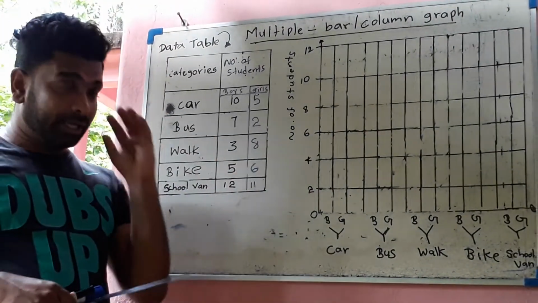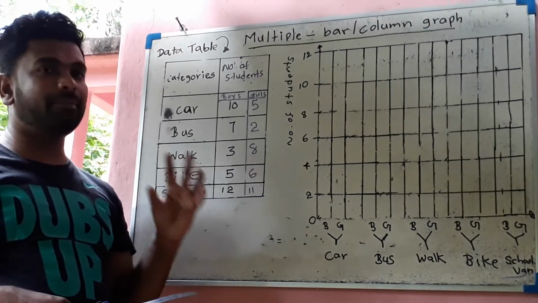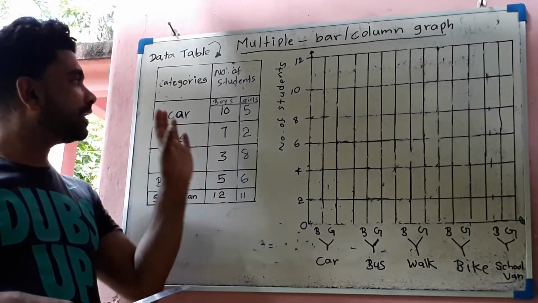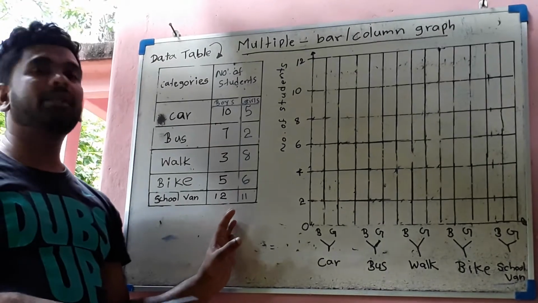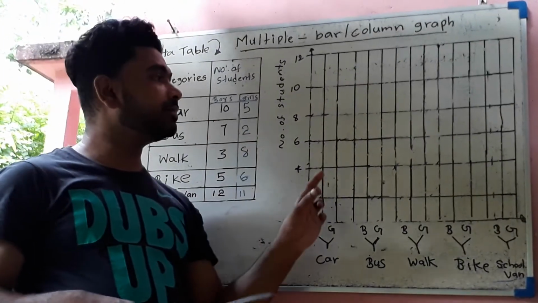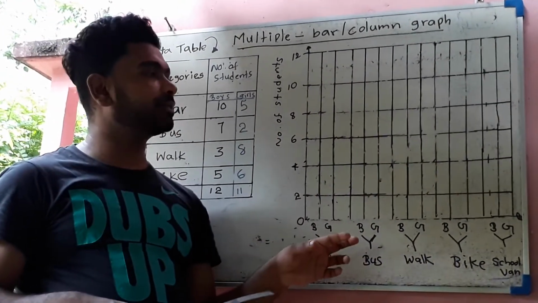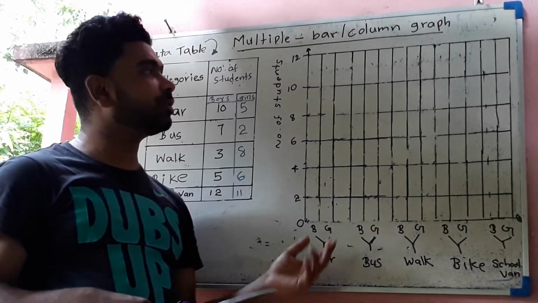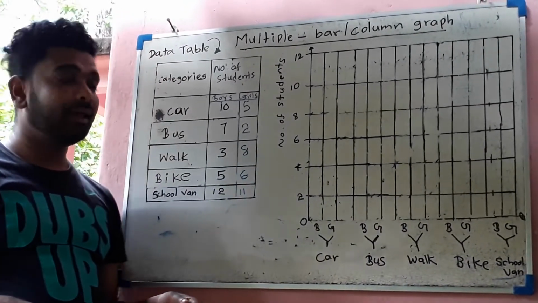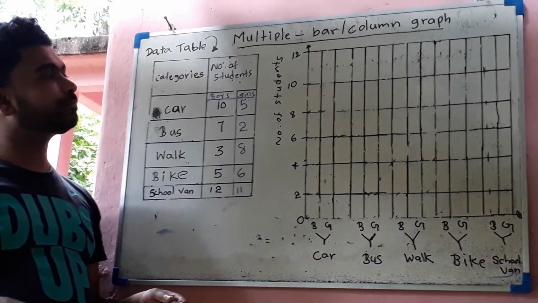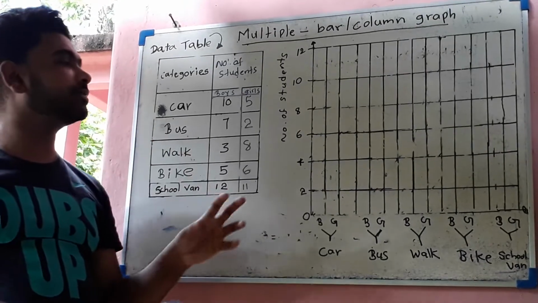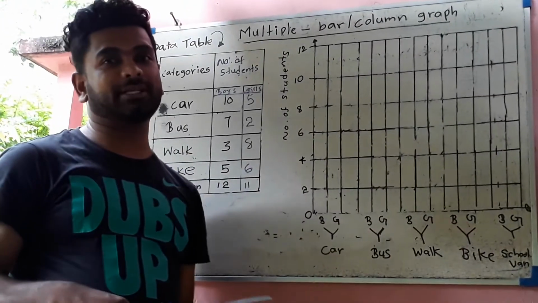Also remember, when you use bars or columns to represent this data, use the same size columns or bars. If you keep a gap between the columns or bars, keep the same size gap between the categories, right?